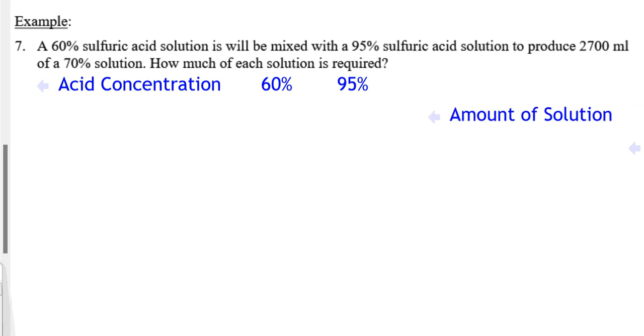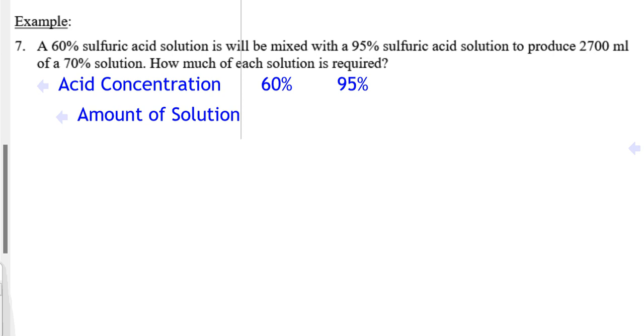And we're told that there's an amount of solution for each of these. So let's say that I have X milliliters in the 60% solution, and I'll have Y milliliters in the 95% solution.